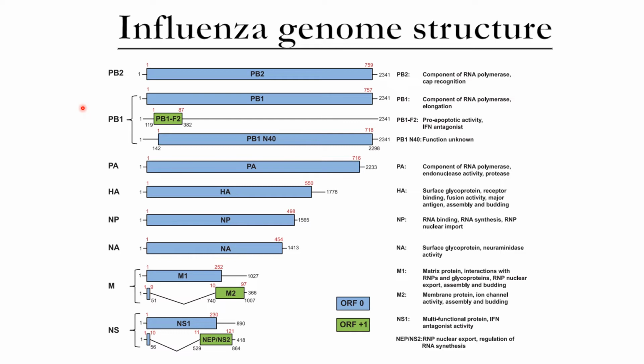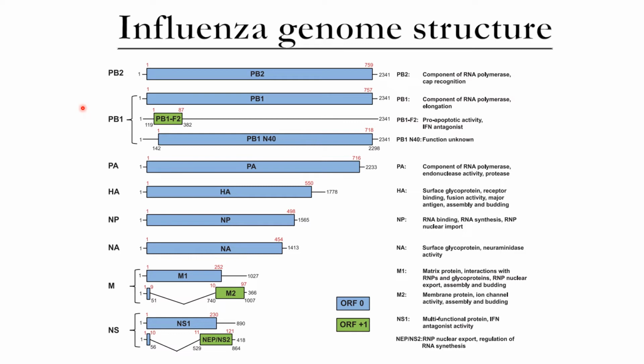The 7th RNA codes for the M1 protein, which is around 248 amino acids in length. Its termination codon overlaps with the initiation codon for the BM2, which is 109 amino acids in length, which allows for a stop-start translation mechanism.